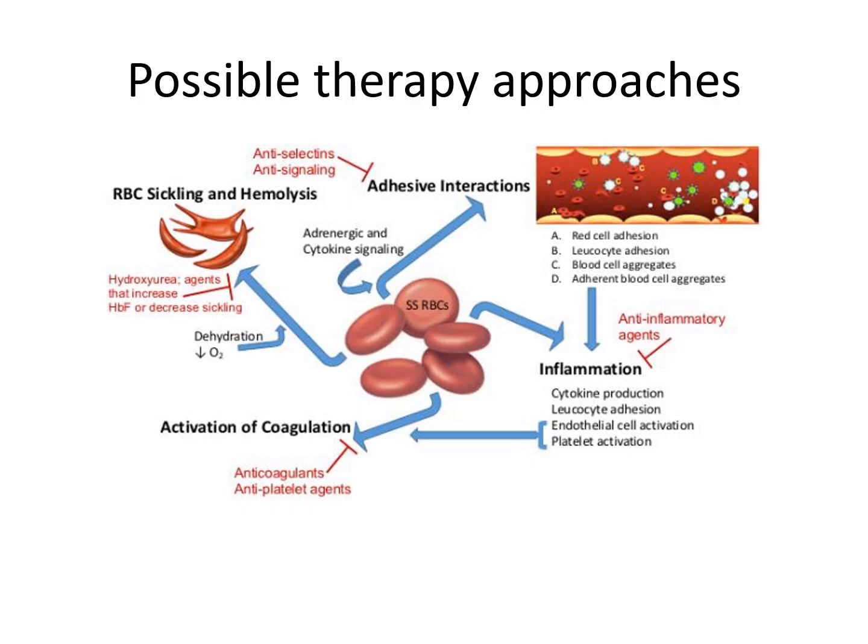The activation of coagulation can be attacked through antiplatelet agents, and cytokine production and inflammation can be attacked with anti-inflammatory agents. So far, we have had agents like hydroxyurea that increase fetal hemoglobin and inhibit polymerization. We also have agents that inhibit adhesion that are in clinical trials.